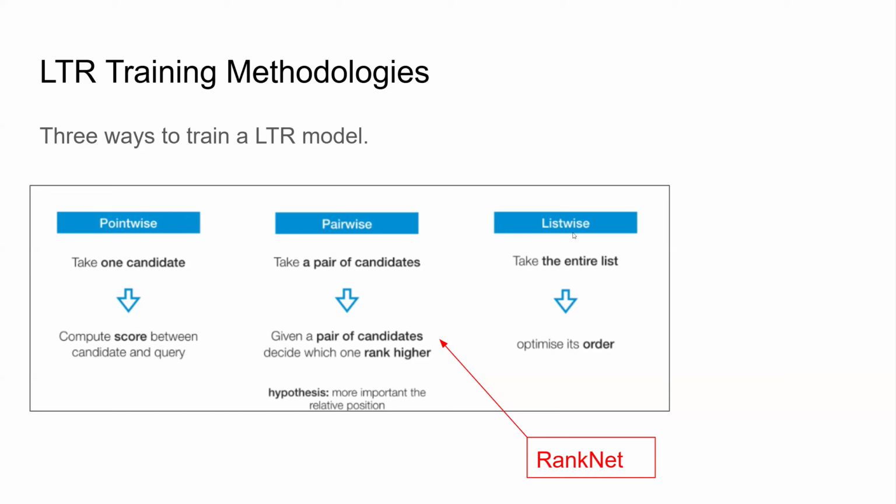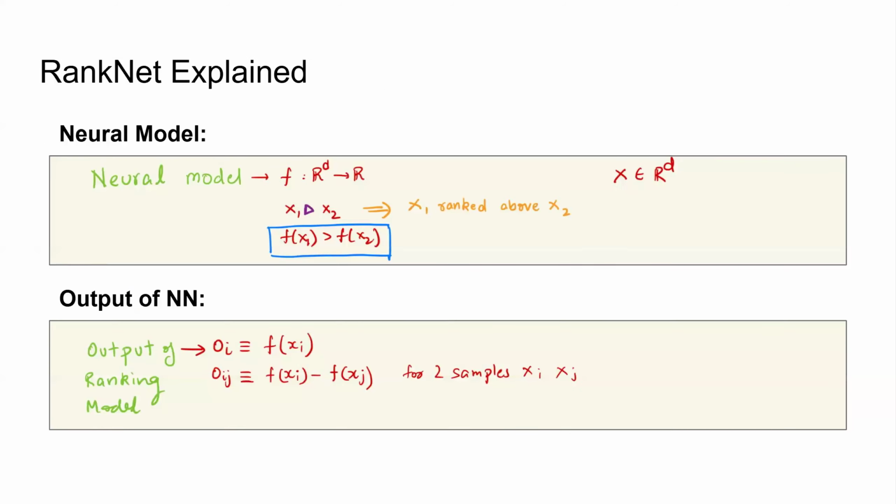And the list-wise algorithm takes the entire list all at once and optimizes its order. So point-wise takes a single input, pairwise takes two inputs, and list-wise takes an entire list at a time. Our RankNet problem is solved by the pairwise learning methodology. Given this, let's start RankNet.